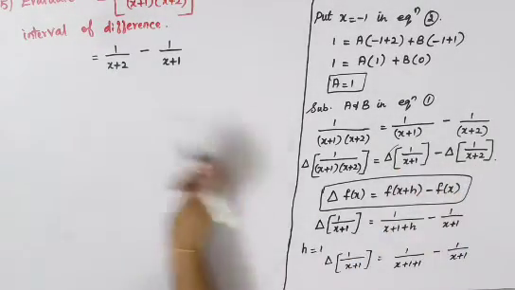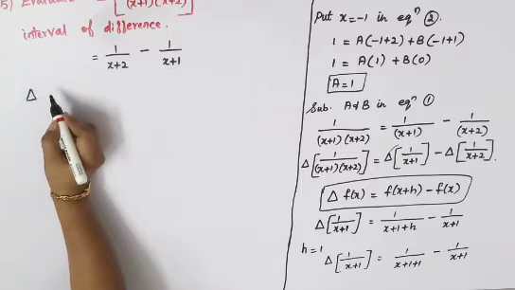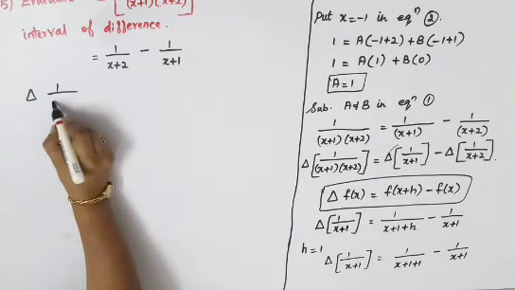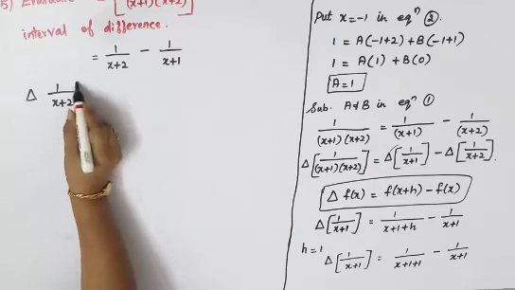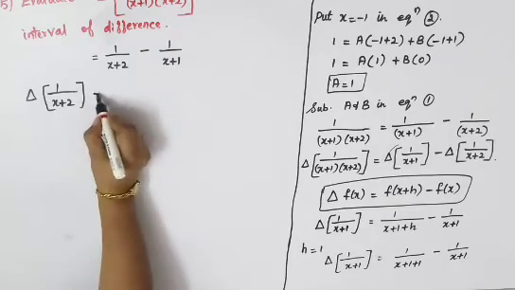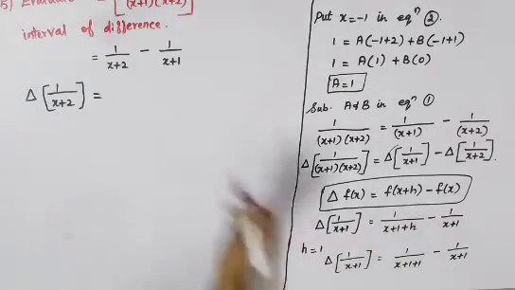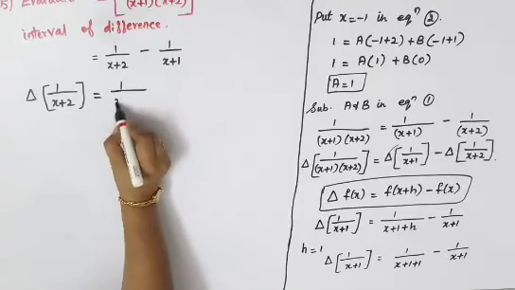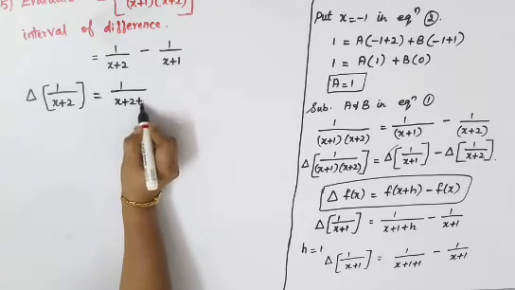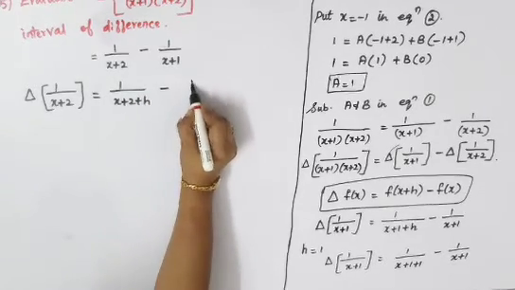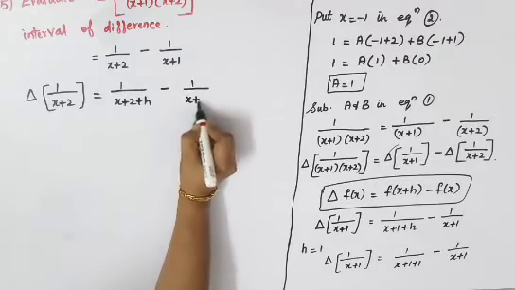Second part you will have to find. The second part is delta of 1 divided by x plus 2. So again you have to substitute in your formula here. So it is 1 divided by (x plus 2 plus h) minus 1 divided by (x plus 2).